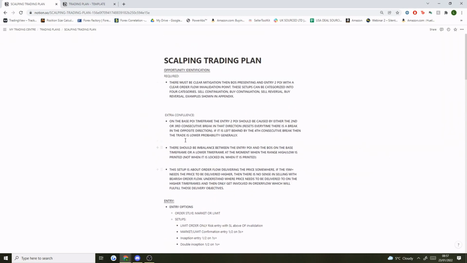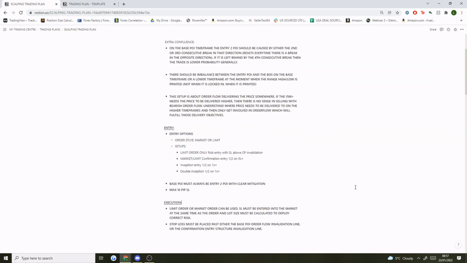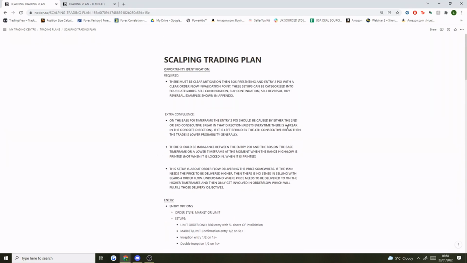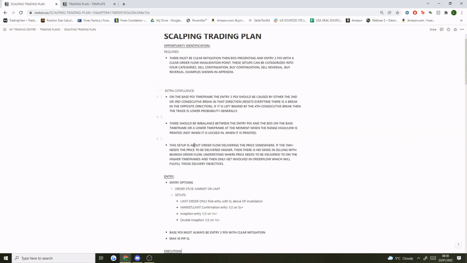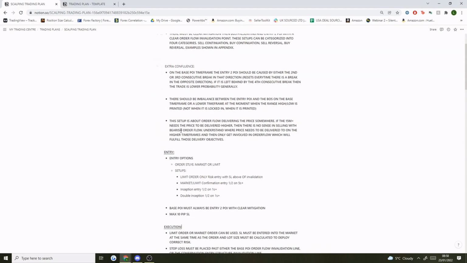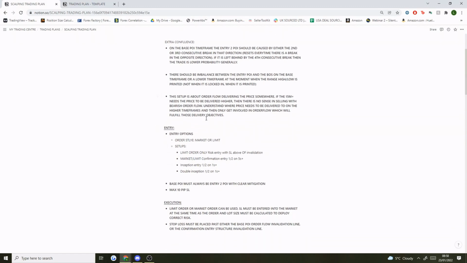By getting these 3 sections together, you can have complete clarity on what you're looking for on a higher time frame, what you're looking for in terms of your specific entry criteria to then get involved in that valid opportunity, and then how you're actually going to execute on that when the time comes. So that's for me the first 3 sections, which really relate to the actual strategy that you're going to be using and how you're actually going to execute that strategy.